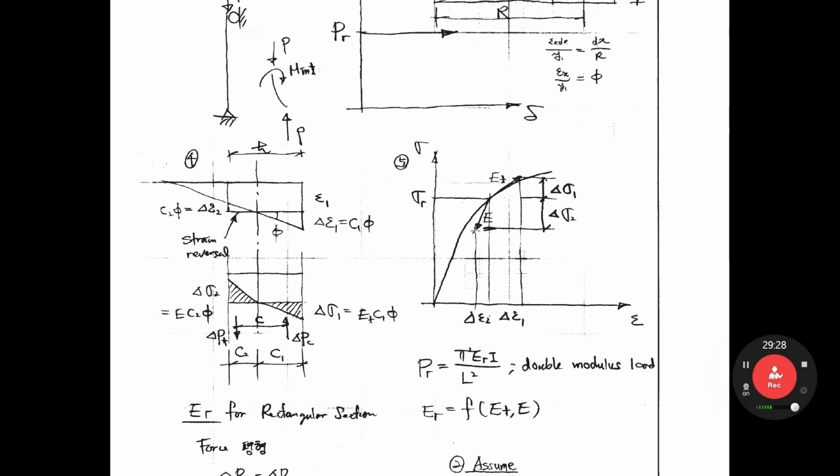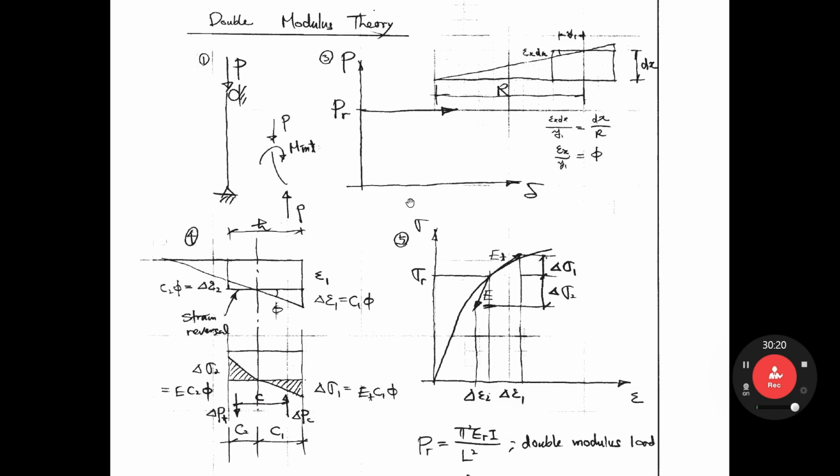That is the characteristic of the material. The slope when the strain decreases is E. So delta sigma 2 equals E times delta epsilon 2. Delta epsilon 2 equals C2 times curvature. That is the relationship. So we call this modulus the double modulus theory.